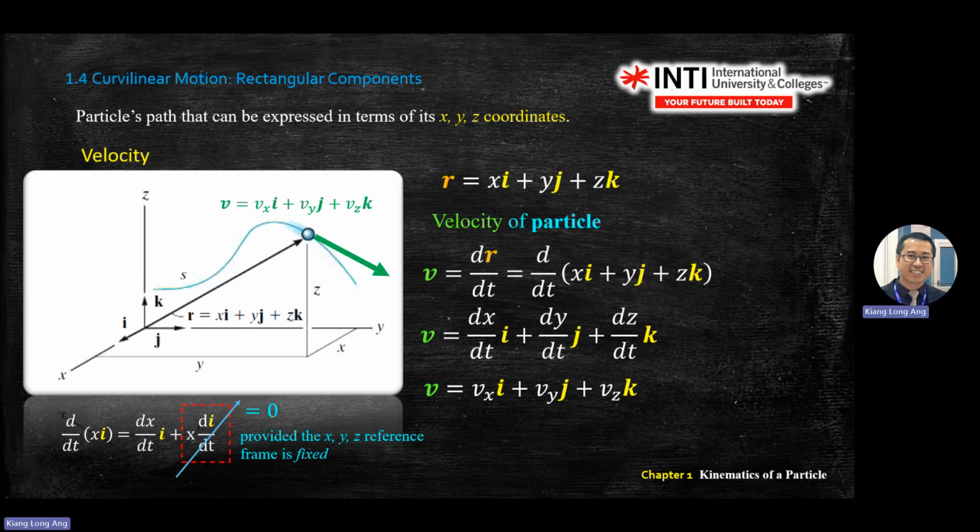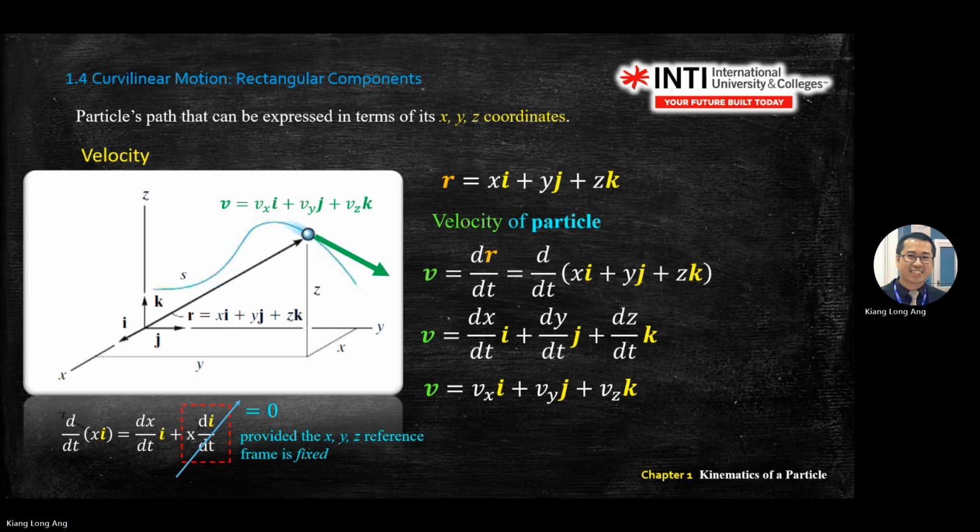In short, dx/dt is the velocity in x, dy/dt is the velocity in y, and dz/dt is the velocity in z. But this one comes with the vector identity. How to find the magnitude? Square this one, square this one, square this one, add together, square root, and you get the magnitude. How to find the direction? Take this one divided by the magnitude of the velocity.